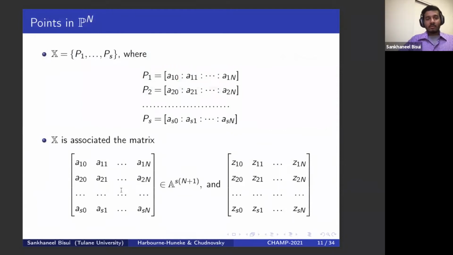So whenever I have some points in the projective space, suppose P1 up to Ps, then I can write down their coordinates as follows: a10, a11 up to a1n, and similarly for Ps: as0, as1 up to asn. This tells me X is associated to the following matrix, which we can think of as an element inside the affine space of dimension s times (n plus 1).